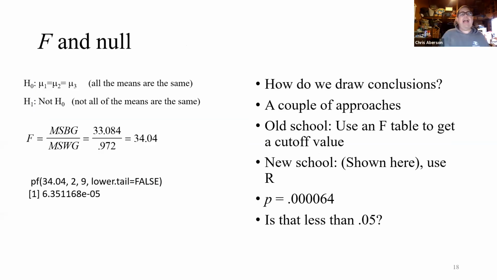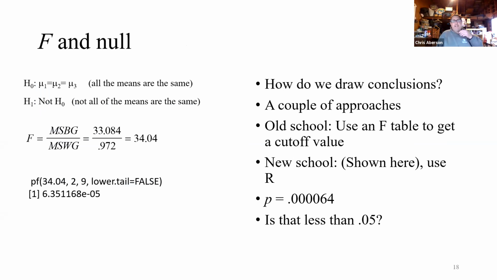All right, F and the null. The null hypothesis here, since we have 3 groups, is simply that all the group means are the same. So mu1 is equal to mu2 is equal to mu3. We take our different mean square values and we calculate an F value. It comes out to around 34. Practically, you can think of that as being a pretty big value.